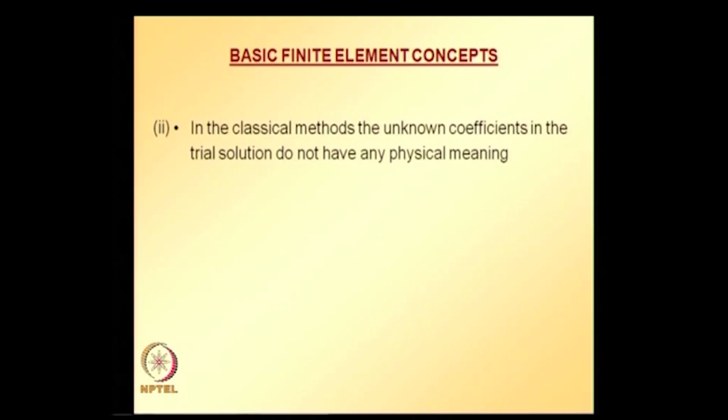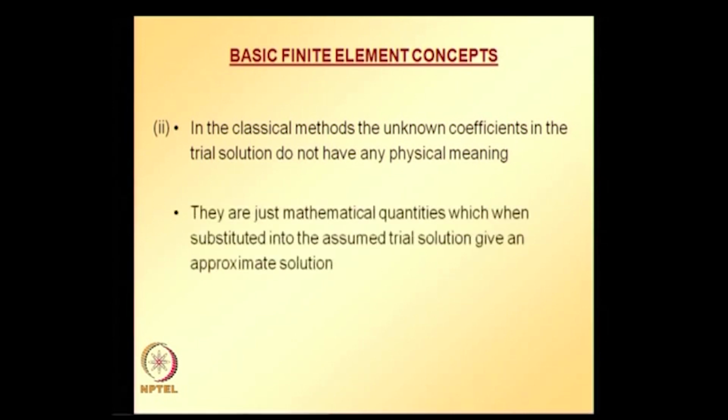In classical methods, the unknown coefficients in the trial solution do not have any physical meaning. That is, this a0, a1, a2, whatever you assumed in the classical methods for the trial solution, those coefficients do not have any physical meaning. They are just mathematical quantities which, when substituted into the assumed trial solution, give an approximate solution.